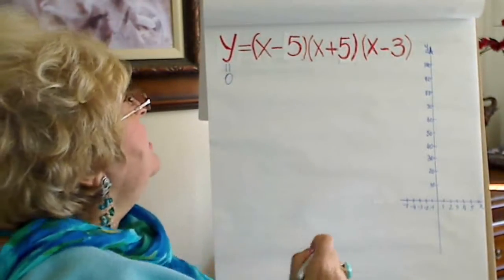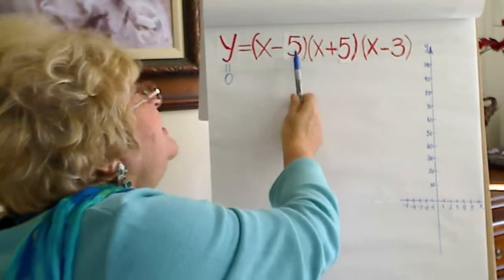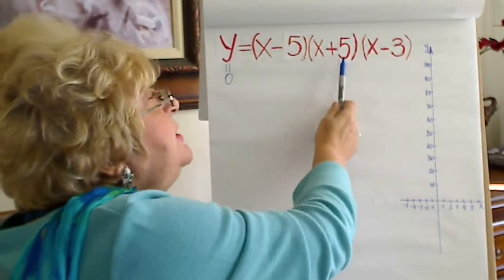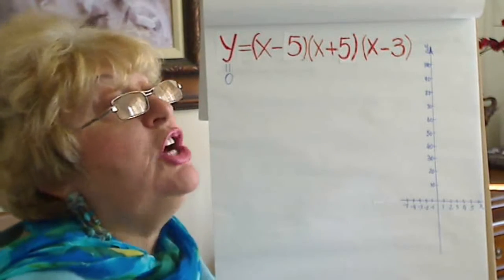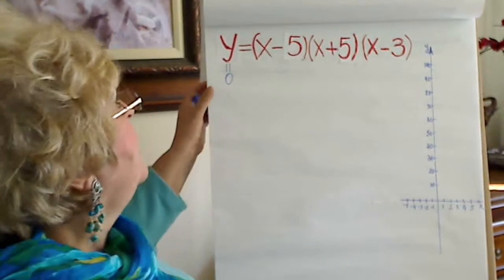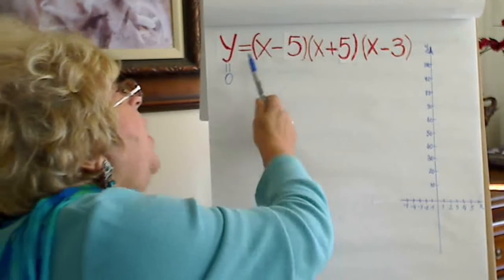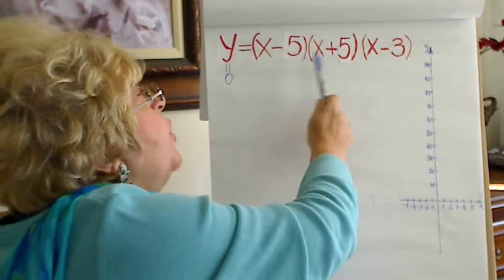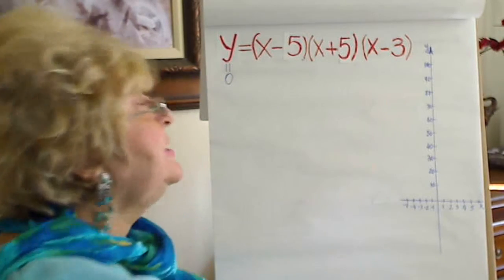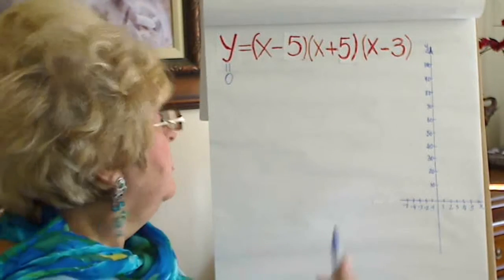So the product of x minus 5, x plus 5 and x minus 3 equals 0. In which case is it possible to have a product of 0? When one of them, either x minus 5 or x plus 5 or x minus 3, is equal to 0.